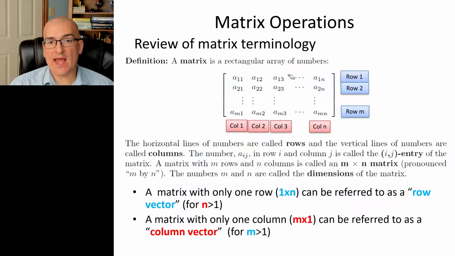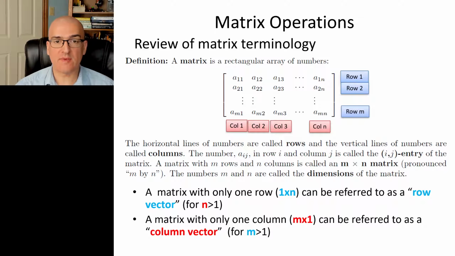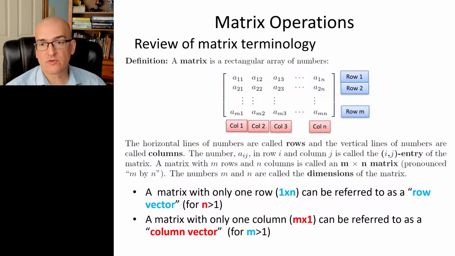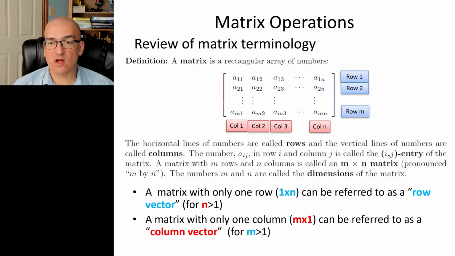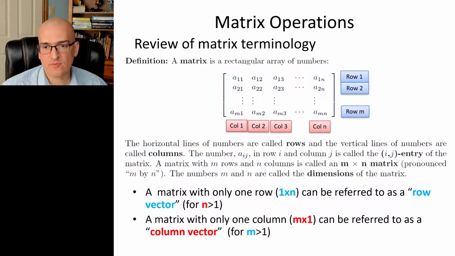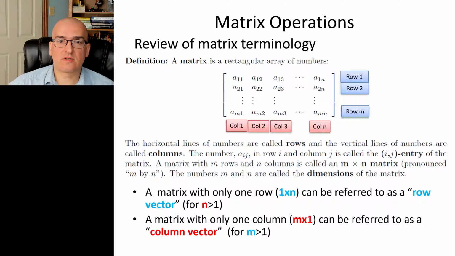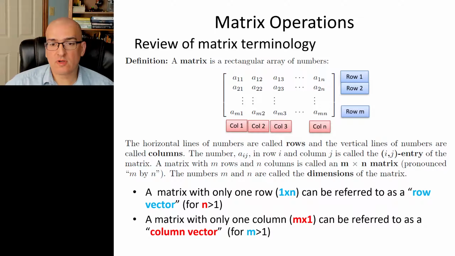We use the letters m and n to indicate the size of the matrix. How many rows are there in total and how many columns are there in total? So for this matrix shown here with m rows and n columns, the bottom right entry in that matrix would be a sub mn. And I can't remember if I said this, but we describe the dimension of the matrix using m and n. We have two special shapes of matrices. We have what's called a row matrix, also called a row vector.